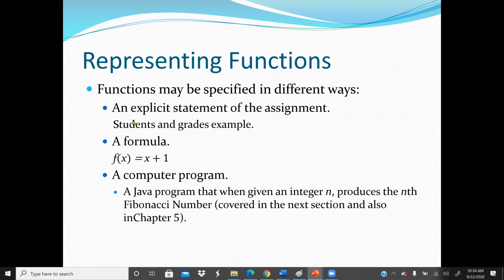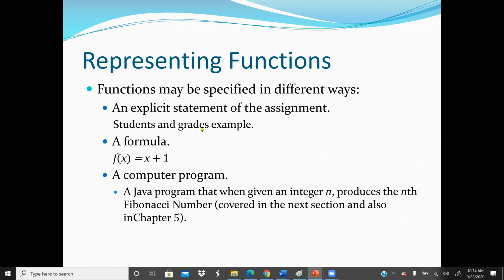So representing a function, here we say the function may be specified in different ways. It can be an explicit statement of the assignment, for example, students and grade. Or we can have it as a formula, f(s) equal to s plus 1. Or as a computer program. So a function can be represented in three ways here.